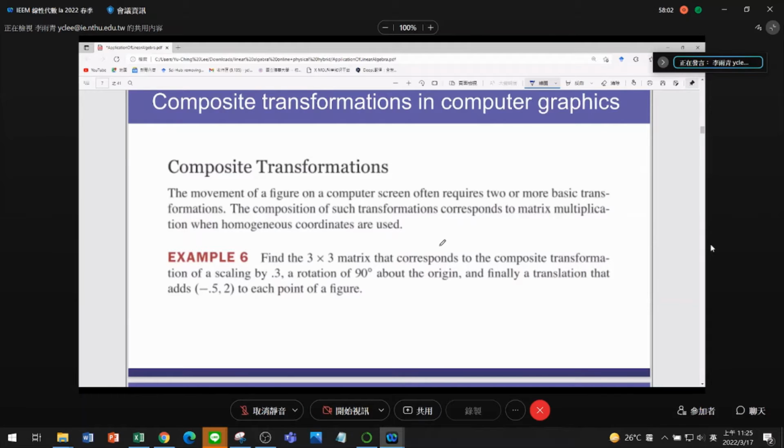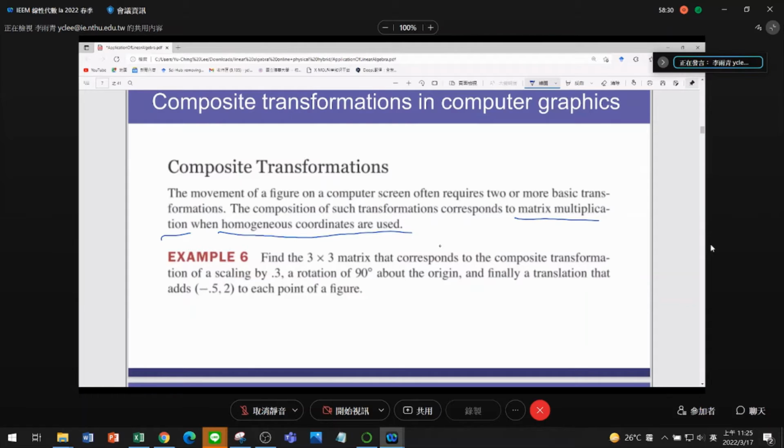The composition of such transformations will correspond to matrix multiplication when homogeneous coordinates are used. So they are not just doing the linear transformations consecutively. They also need to perform those linear transformations on the homogeneous coordinates.